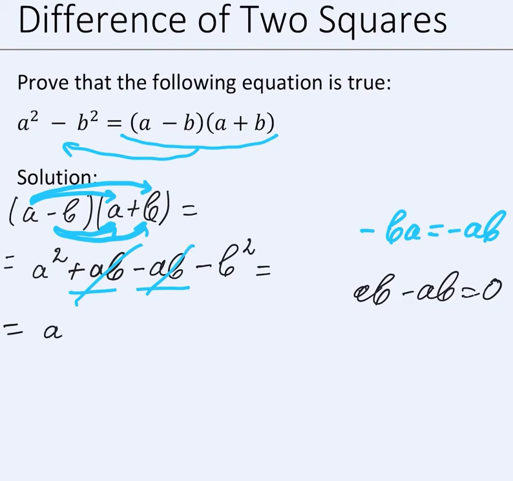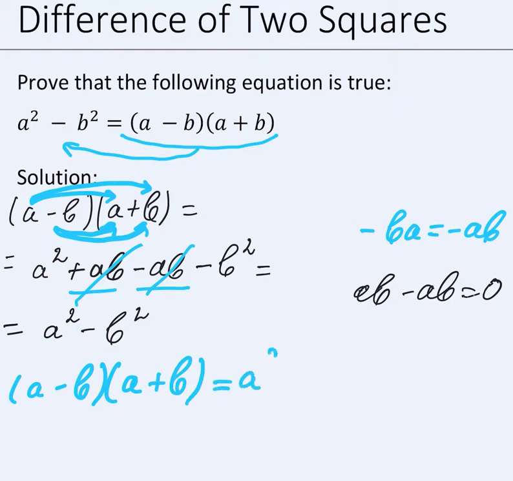In other words, we are left with a squared minus b squared. Or we prove that (a minus b) multiplied by (a plus b) equals a squared minus b squared.